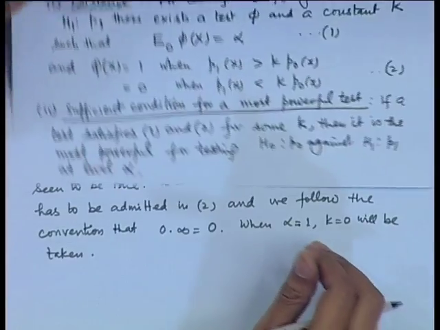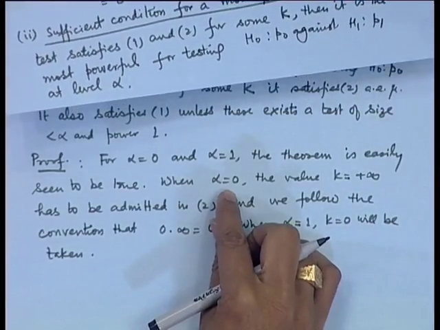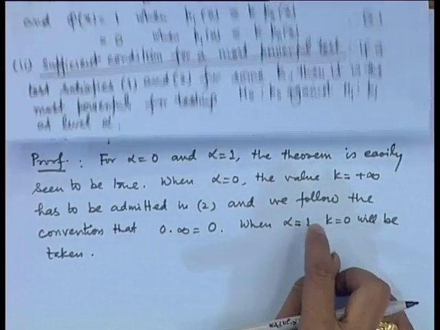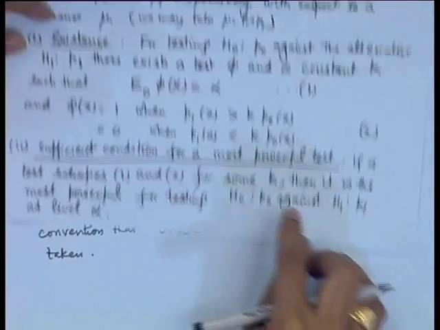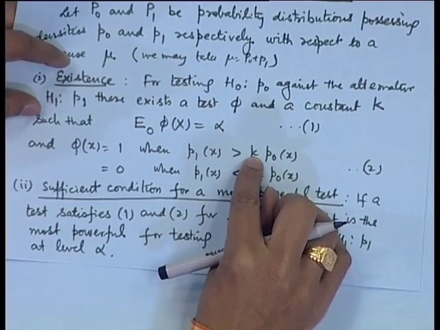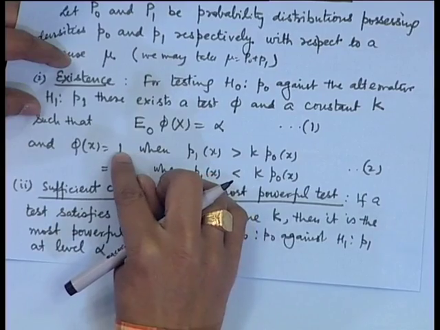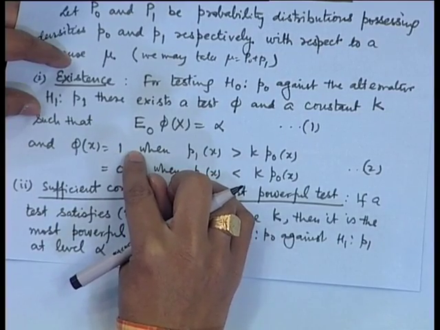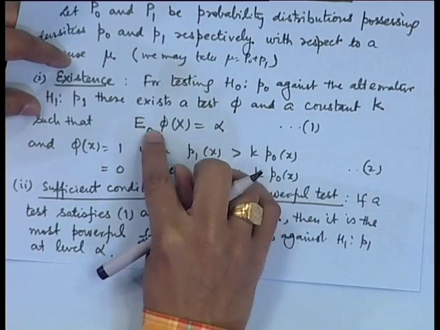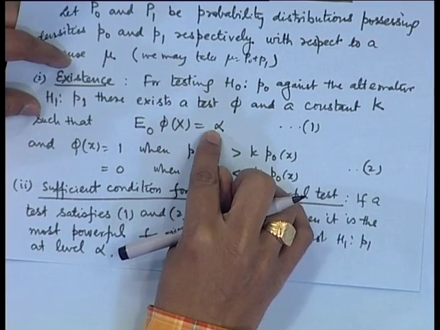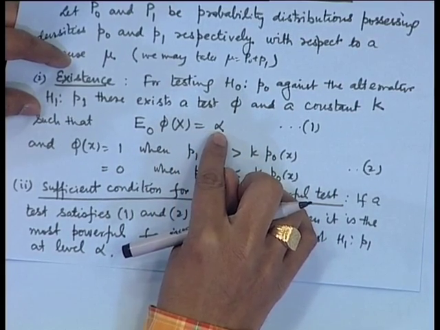Also we see the case of alpha equal to 1. Now, alpha equal to 1 will happen when I take k equal to 0. If I take k equal to 0, this side is 0. That means p 1 x greater than 0 is always satisfied. Therefore, you are always rejecting H naught. When you always reject H naught, the probability of type 1 error is 1. Now, what is happening to the probability of type 2 error?